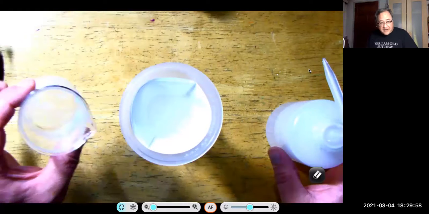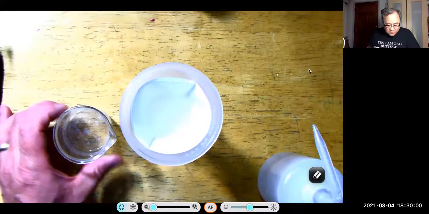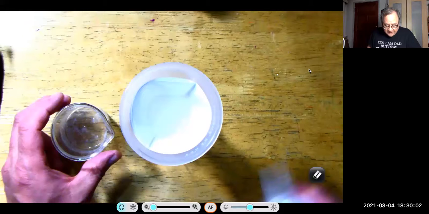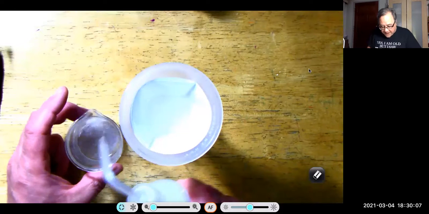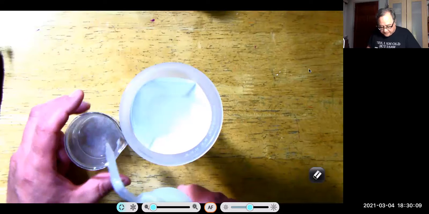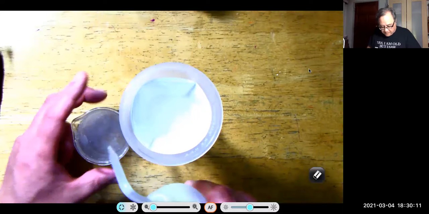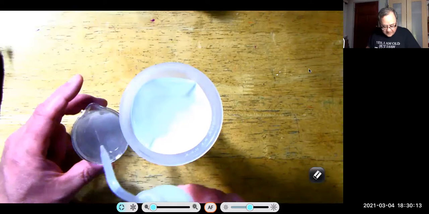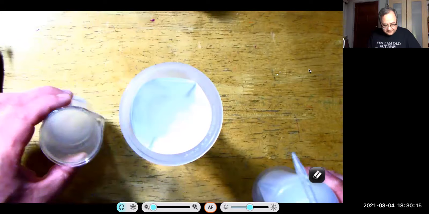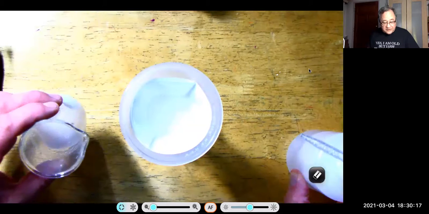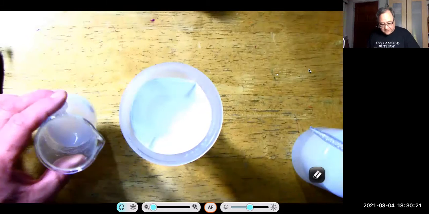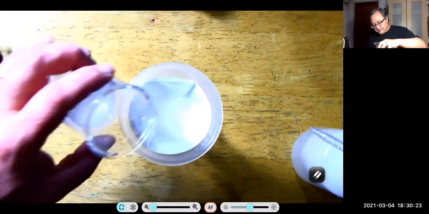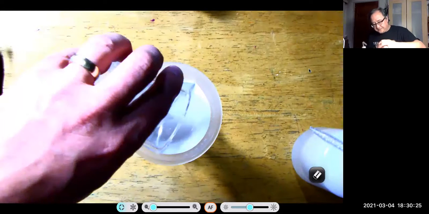Also, you can see I've got leftover solid in here. So I'm going to use my water bottle to rinse that solid back down to the bottom. And then I'm going to swirl, and you can really see how cloudy that's getting. I'm going to swirl, and I can put that in there too.